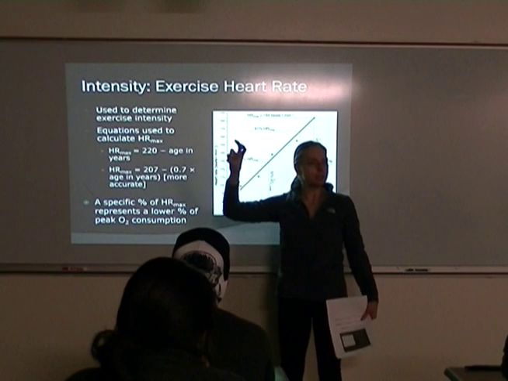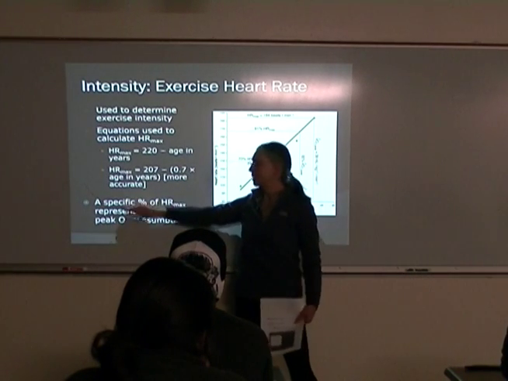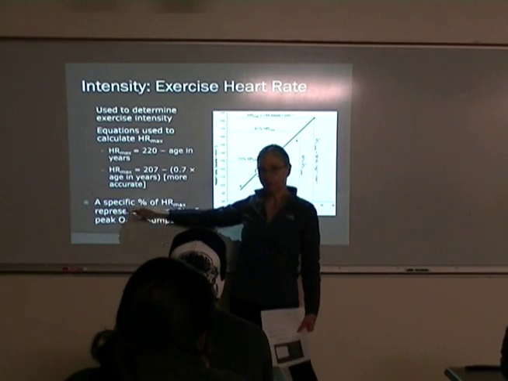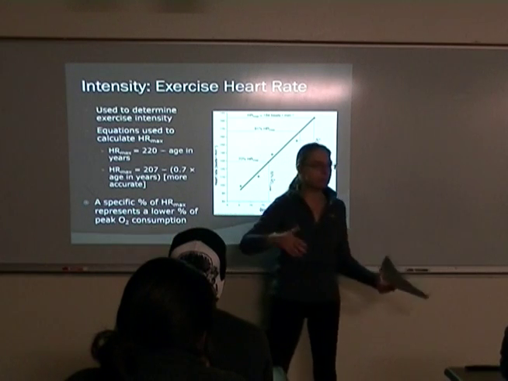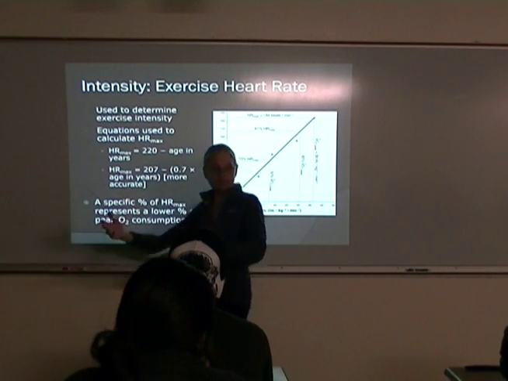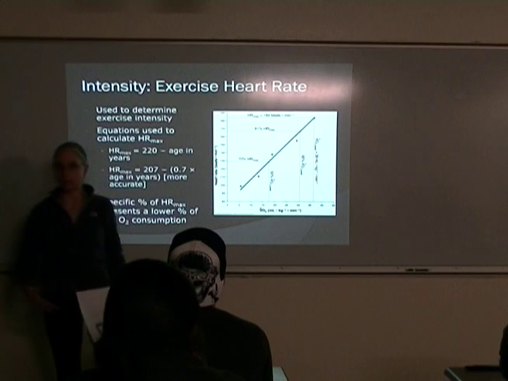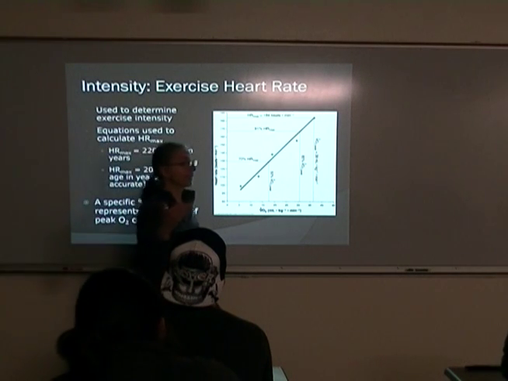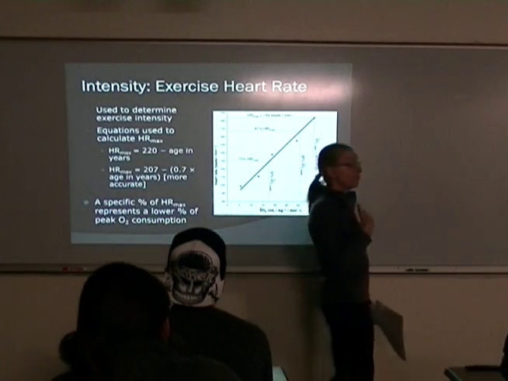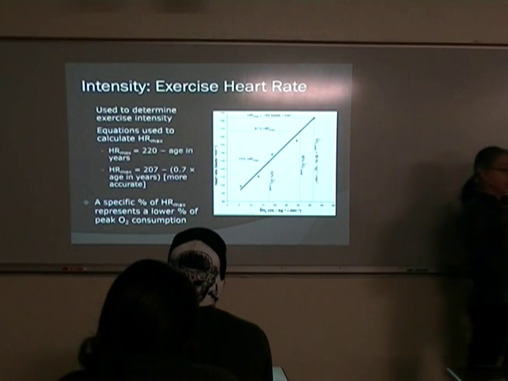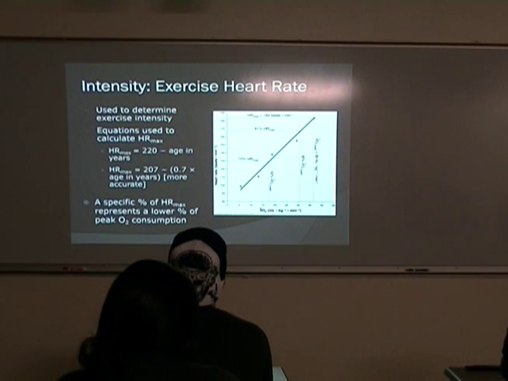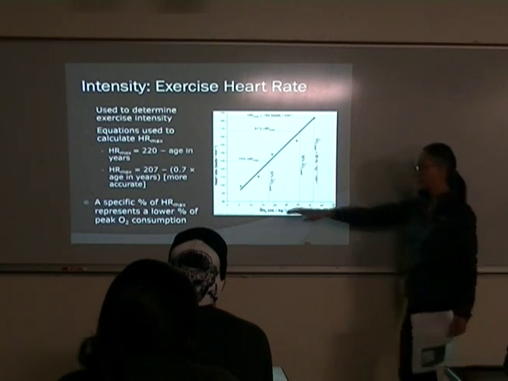So the intensity measure is what is the percentage that I'm working at. Am I working at 50%, 60%, 75%, 85%, 96%? It's starting to get really difficult. Not very many of us want to be working at 96% max heart rate. Very, very uncomfortable. Right? That is hard, hard, hard. Okay?